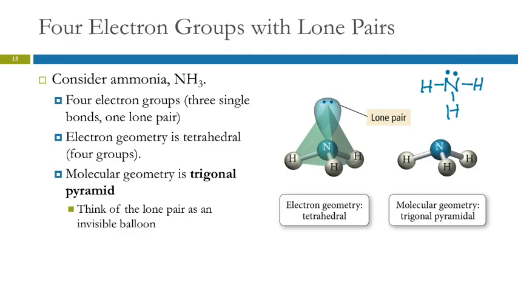Because two tiny little electrons are so much smaller than these hydrogen atoms. And so we have to include the lone pairs in the electron geometry because this lone pair is very repulsive. But when we look at the molecular geometry, what we're doing essentially is erasing it, saying, okay, this is invisible.